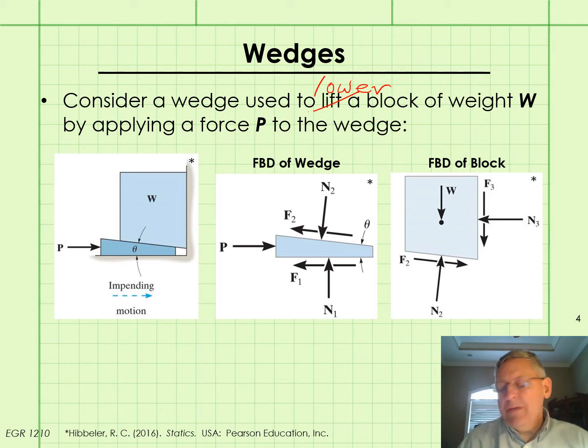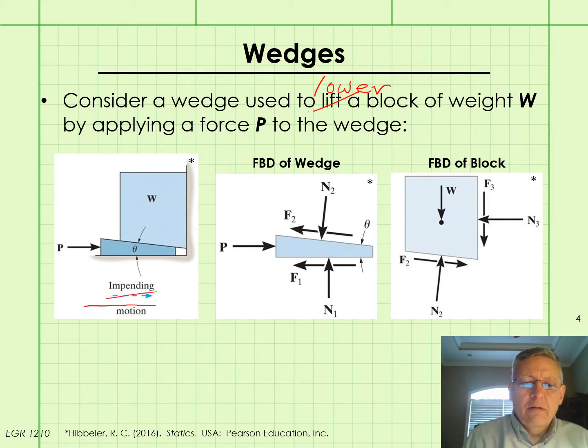So in this case, the impending motion is going to be in the opposite direction, and our frictional forces are going to be reversed. Similar free body diagram, just with the frictional forces reversed.